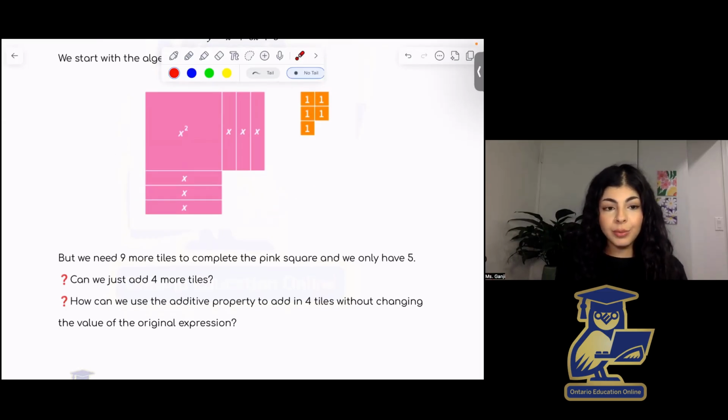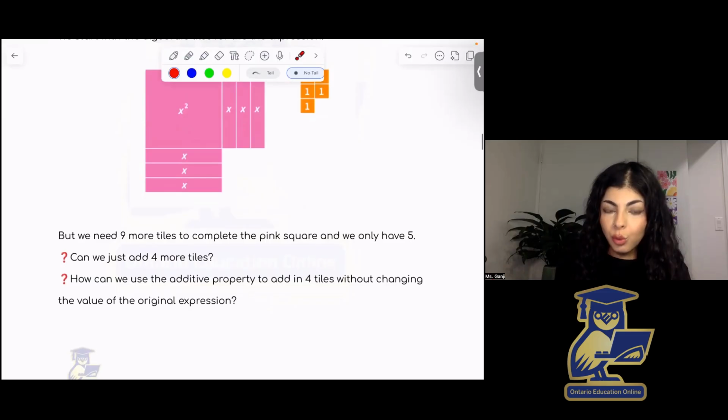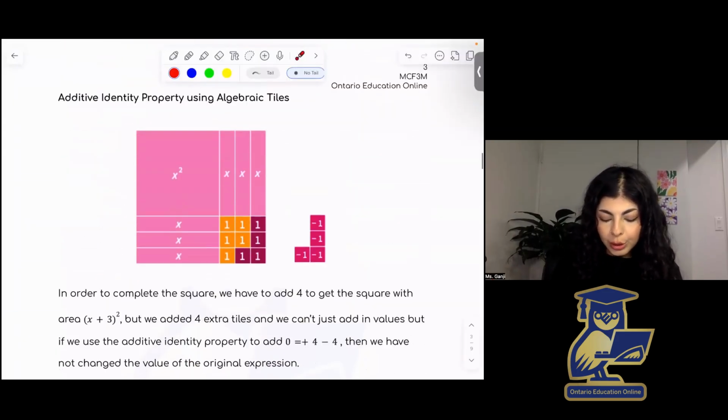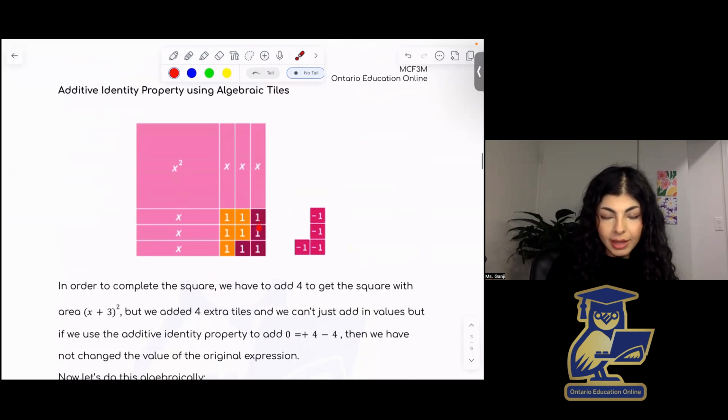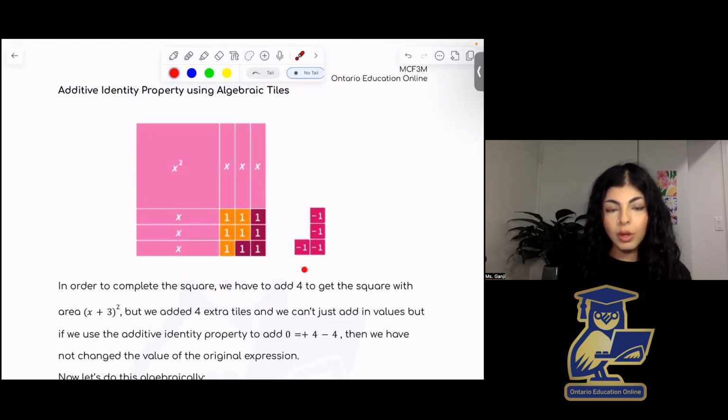So my next question is, how can we use the additive property of what we just saw to add the 4 tiles without changing the value of our original expression? Well, we would do that by adding that extra 4, which I've shown you with a different color, but also adding the negative of each.